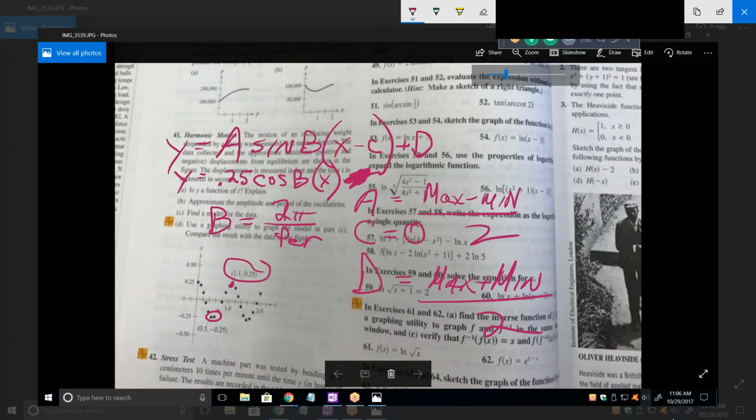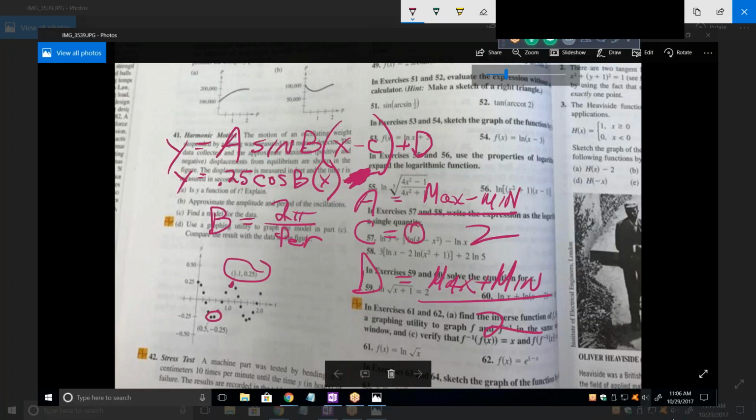Well, that's 6/10, right? Yeah. So that's half the period. So the period is actually 1.2. So this was a better set of points to use. This gave us a more accurate period. I was about to have a period of 1.1.